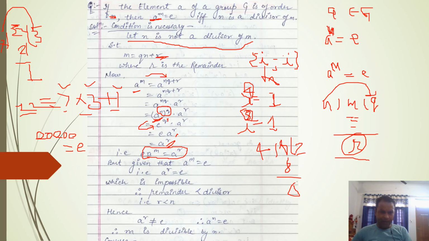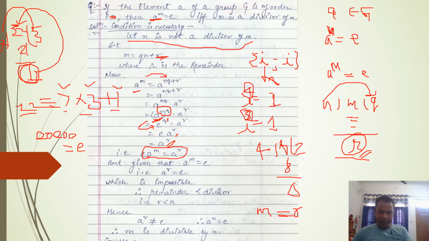It means m equals r. If you compare this result, m equals r. If m and r both are equal, is this possible in the case of division? In division, the remainder can never be equal to the divisor, because n is the divisor and this is r.